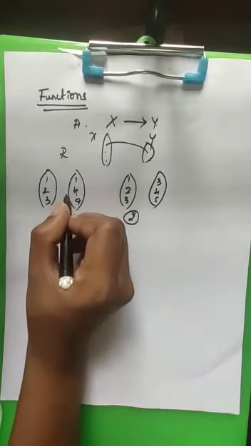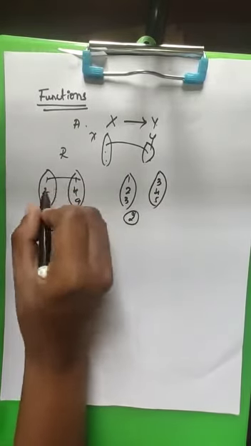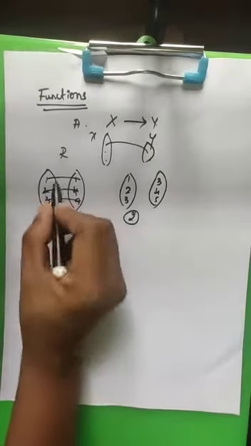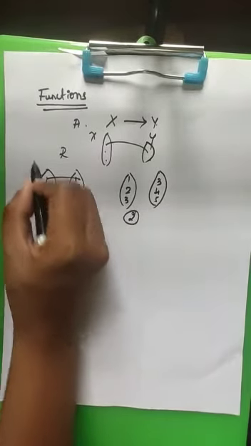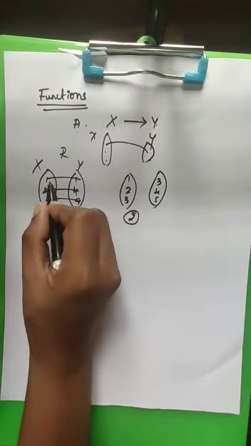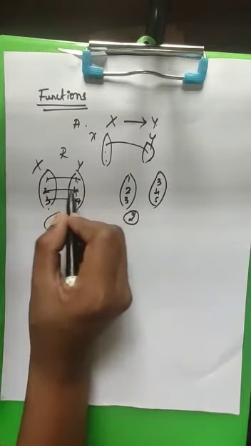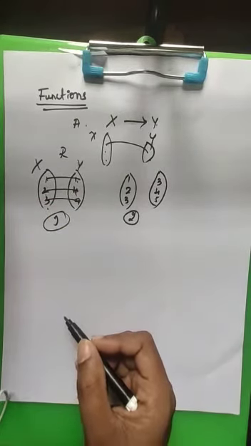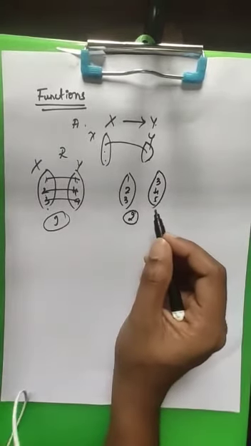Suppose I have the mapping like this. Can I say that the first one is a function? Yes, because every element in set x, this is set x, this is set y, has only one image in set y. So this first example is a function.